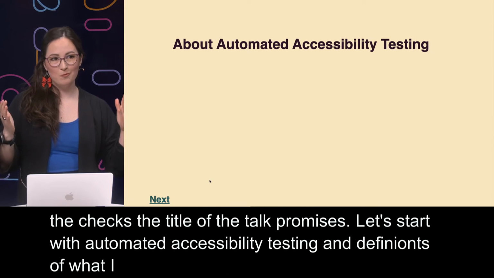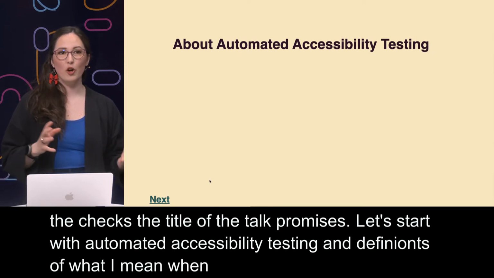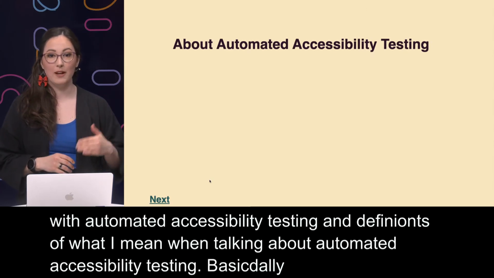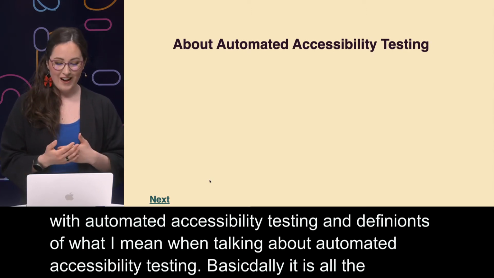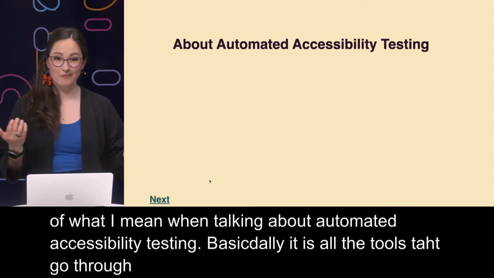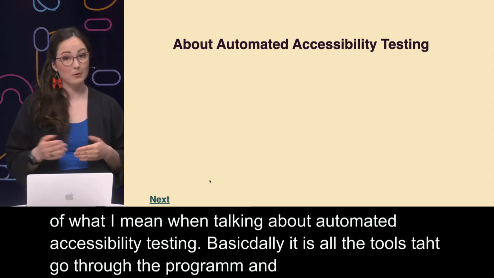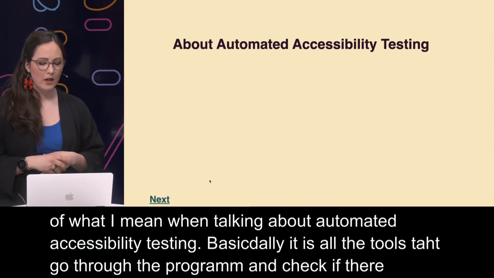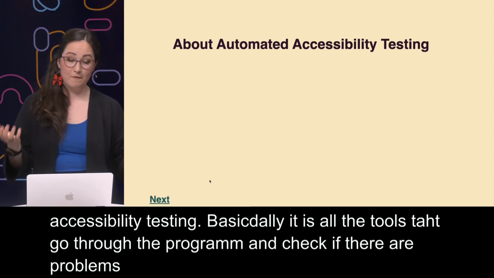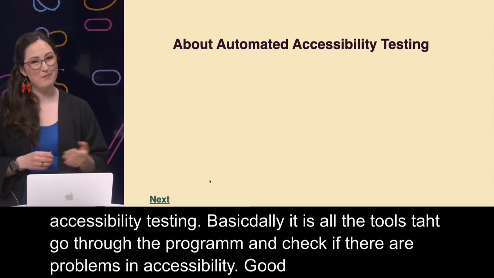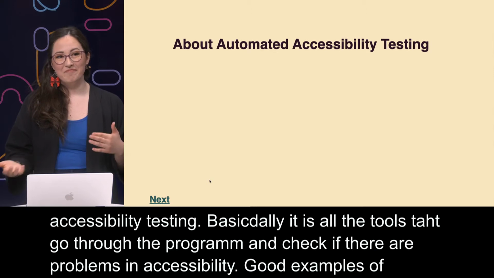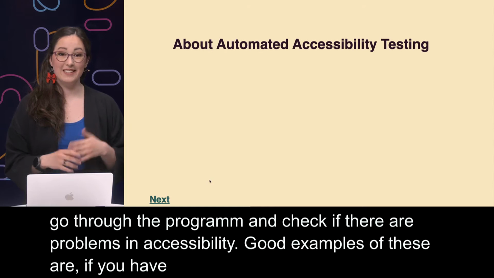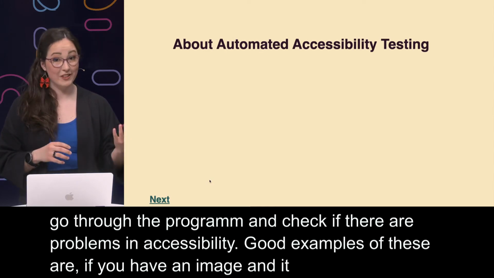Basically, it's all those tools that take some piece of code and then go through it and programmatically check if there are some failures or problems regarding accessibility. Good examples of these failures or problems are if you have an image tag and it doesn't have the alt attribute, which is an alternative text.